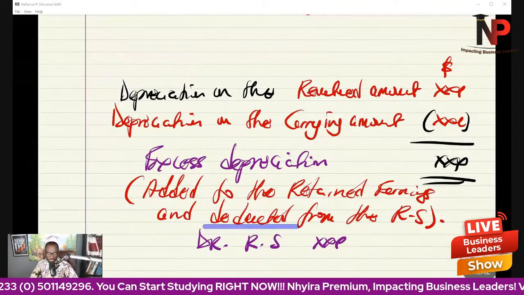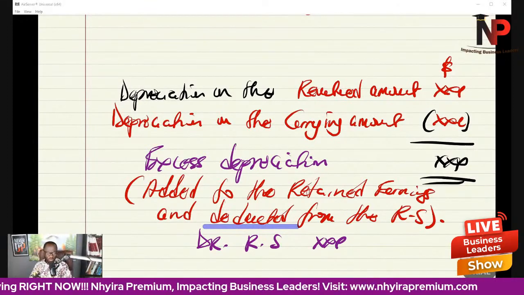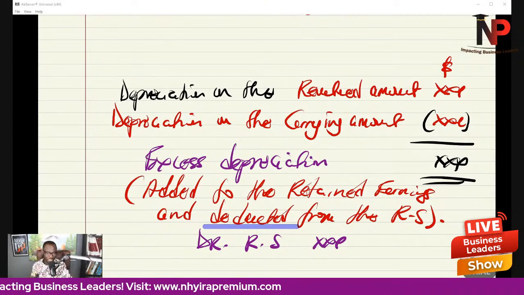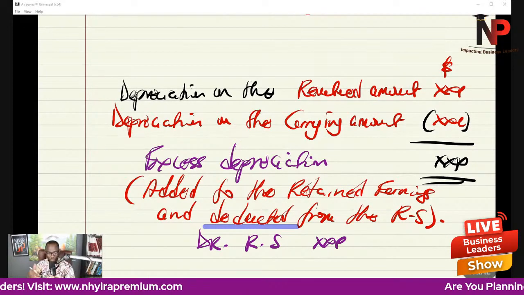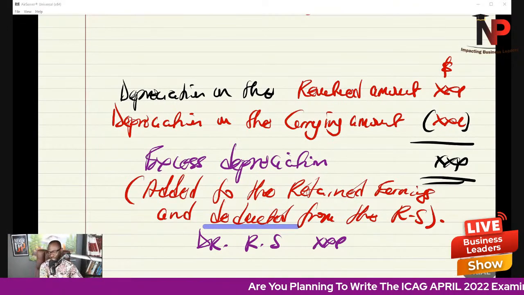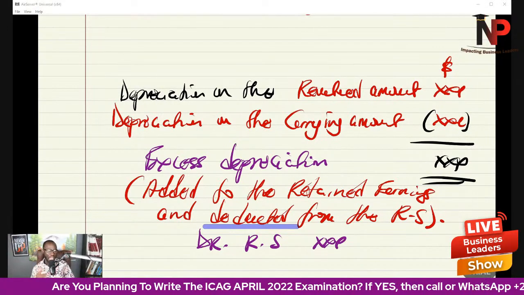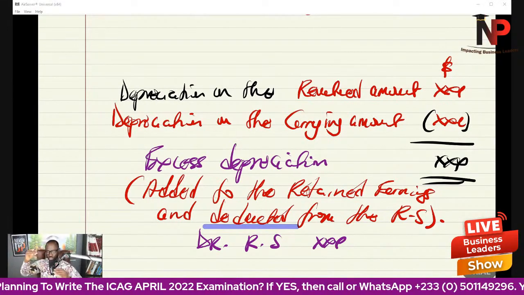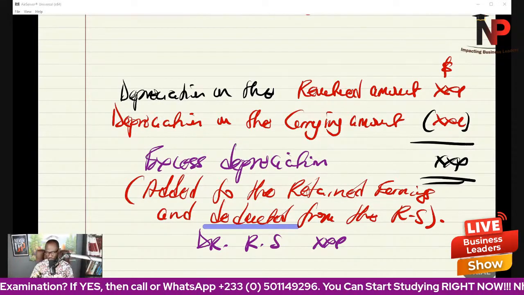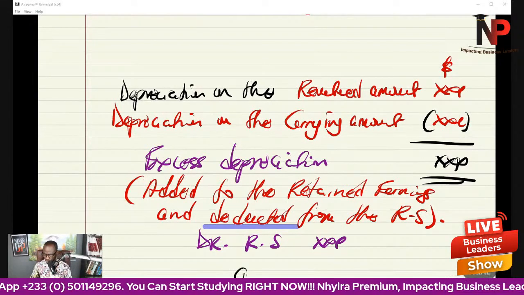Now, even though we are talking about debit this, credit this, in the exam hall you're not going to be doing debit and credit. You're going to be deducting or adding, negating or positiving, if I can say that. So even though we say debit revaluation surplus and credit retained earnings, what we are telling you is to add it to the retained earnings for the year and subtract it from the revaluation surplus figure that is going to go into the statement of financial position.